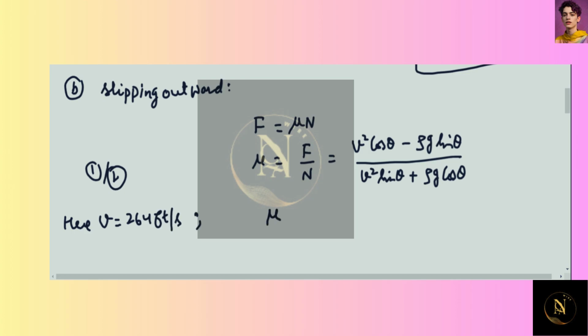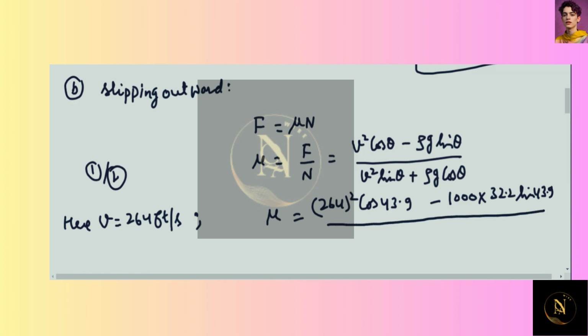Substituting here 264 square, angle of banking we have obtained 43.9, cos of 43.9 minus radius of the curved path is 1000 feet, g is 32.2, sine of 43.9 plus rho is 1000 into g 32.2 cos of 43.9.